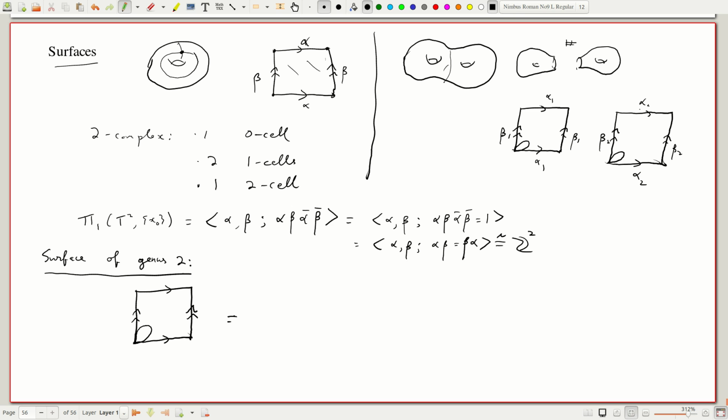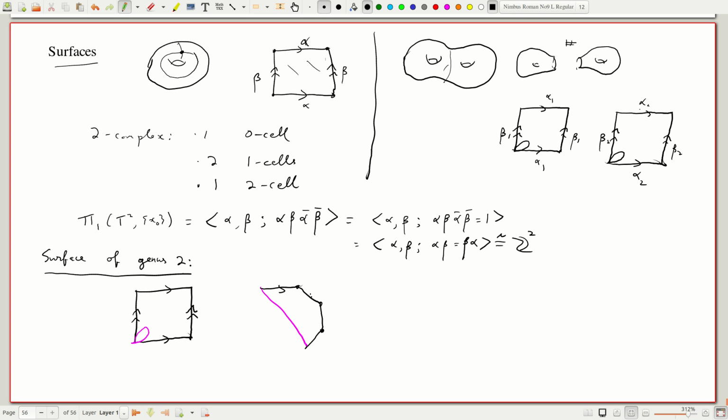Well, this is the same as if I took, let me use a different color for the deleted part just to make it more vivid. This I claim is the same as taking a line like this, maybe even longer, like this, and having our edges as alpha, beta, alpha bar, and beta bar.